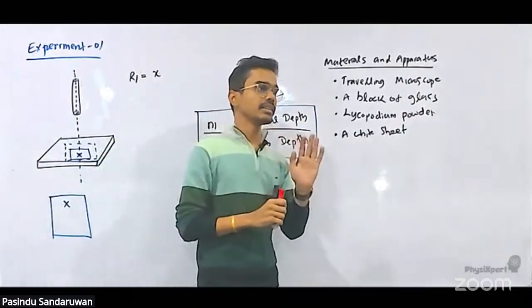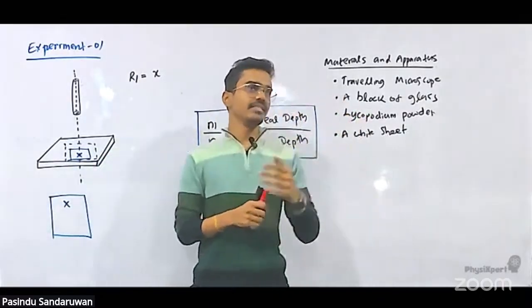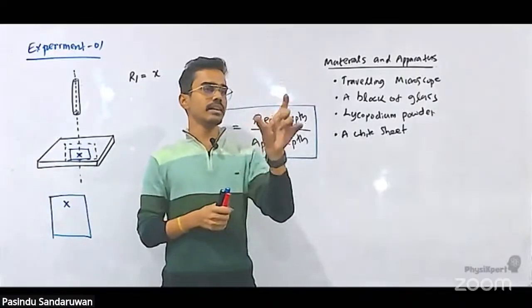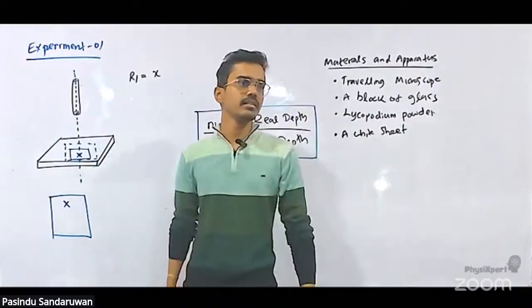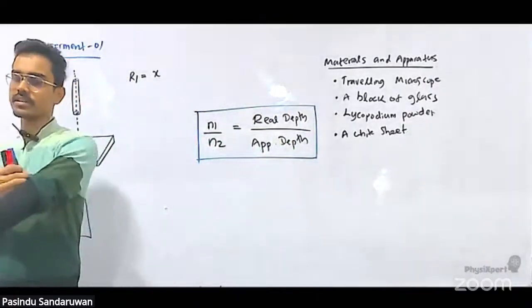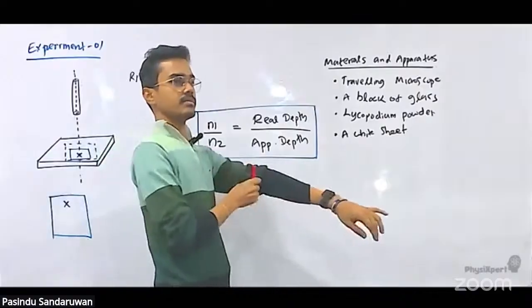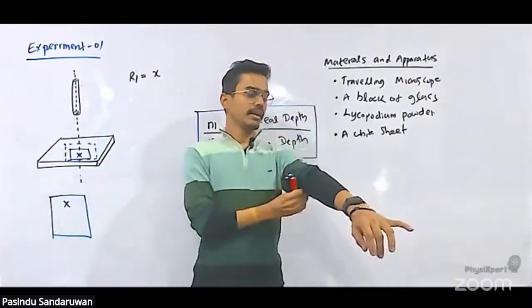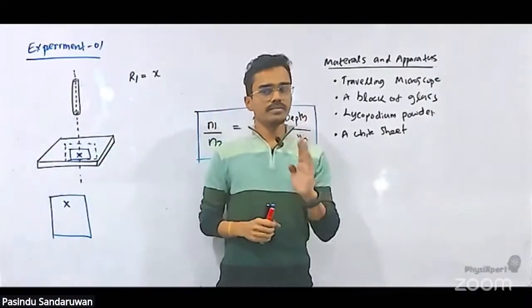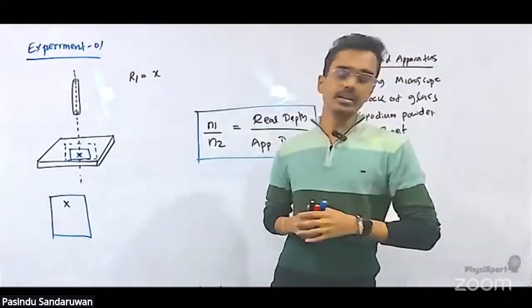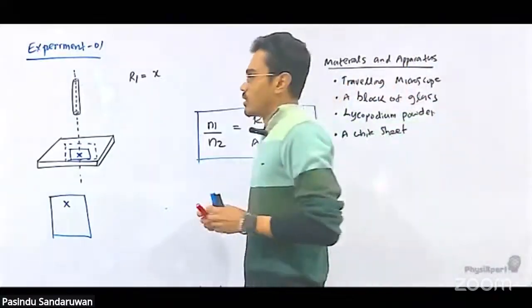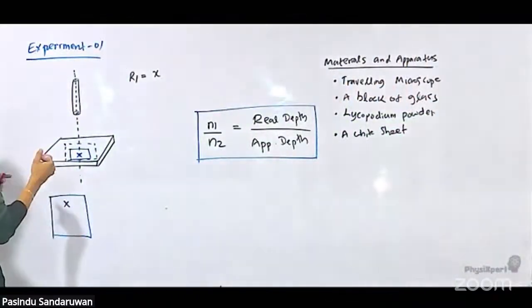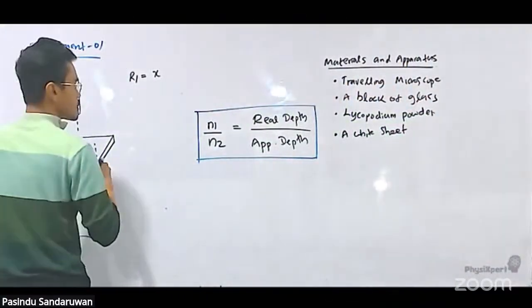Always, when using a traveling microscope, we move in one direction at a time. Now they are only vertical movements.